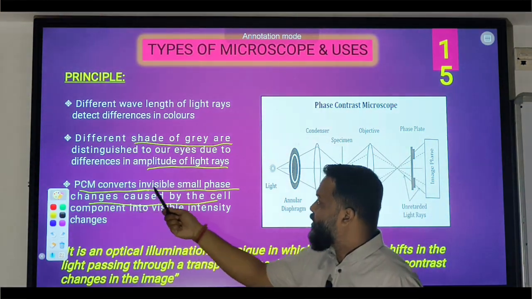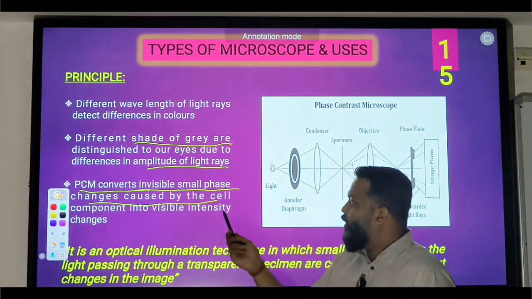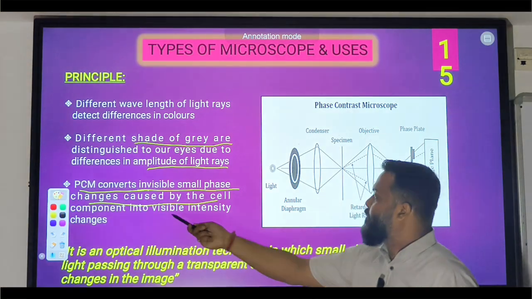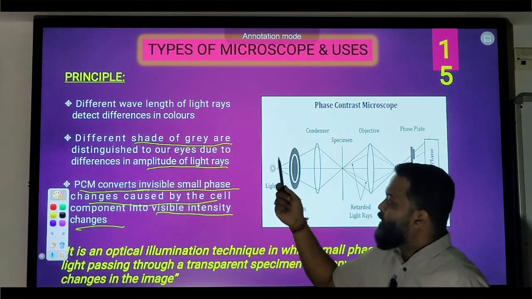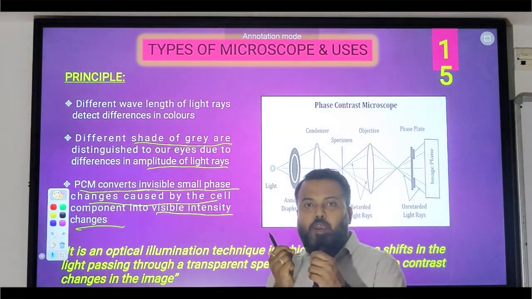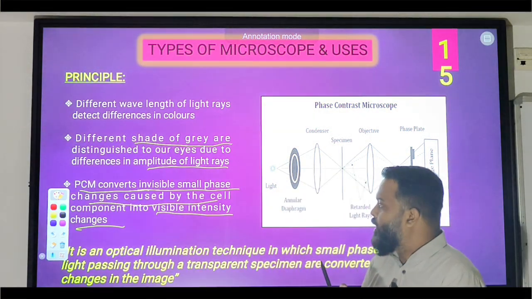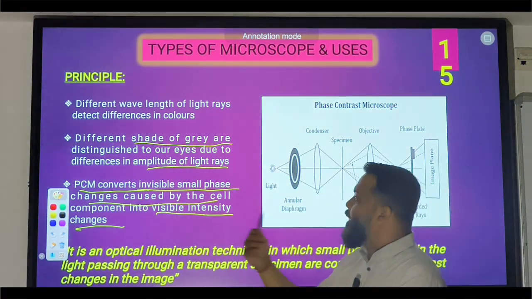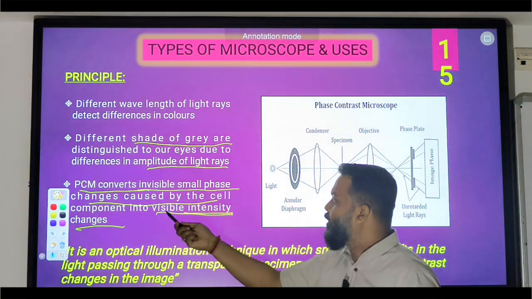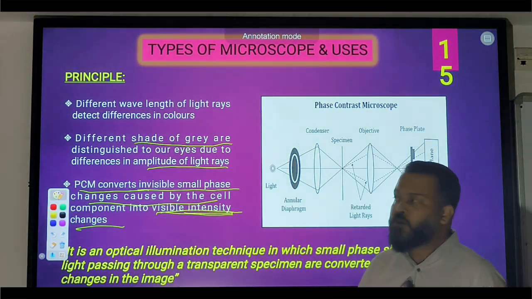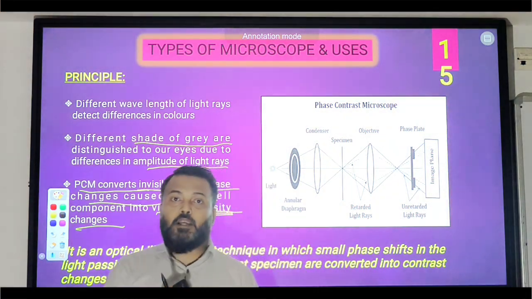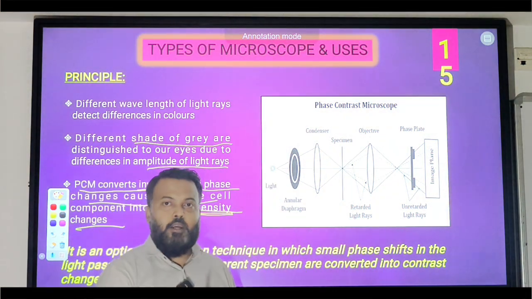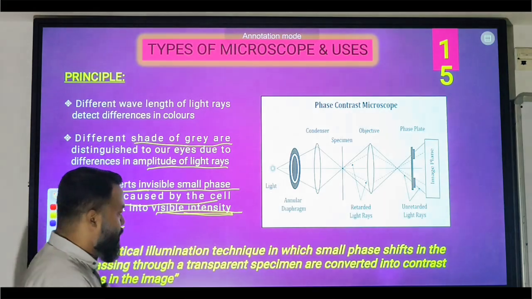So PCM converts invisible small phase changes caused by the cell components into visible intensity changes. It will convert the small phase changes that are invisible to our eyes into visible intensity changes, so that you will be able to visualize the cell components quite easily with the help of this microscopy.